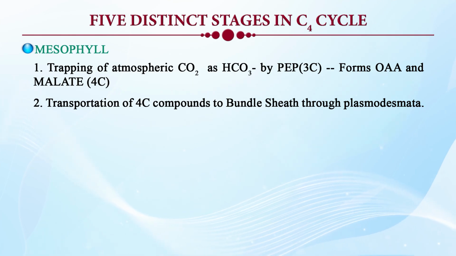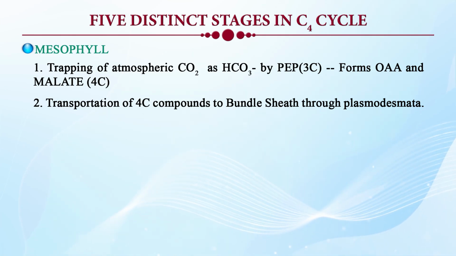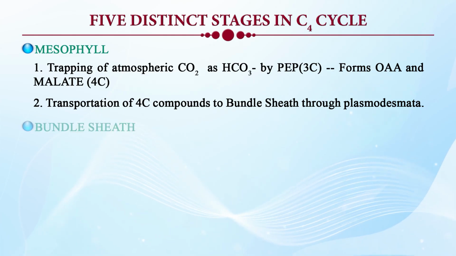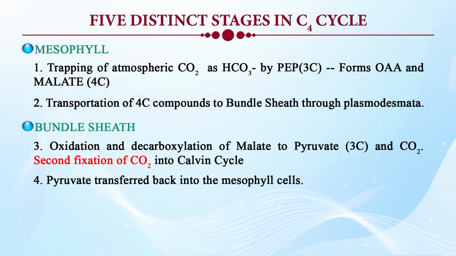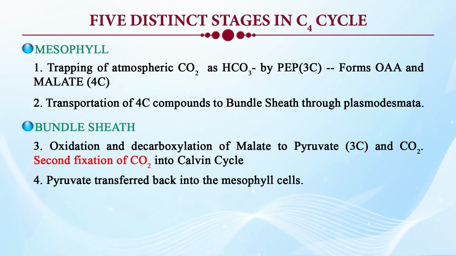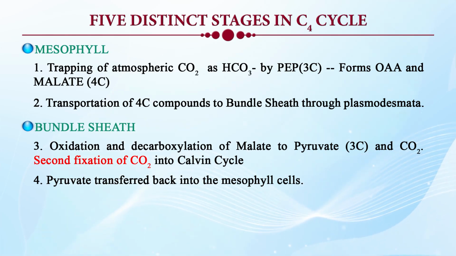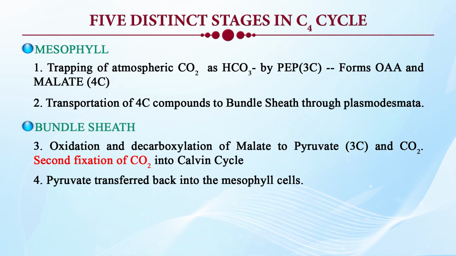Now, these 4 carbon compounds have to be transported through the plasmodesmata to cells of the bundle sheath. Once they come into the bundle sheath, then there is again a decarboxylation of this 4 carbon compound, that is malate, into pyruvate, and carbon dioxide is released. So, that means CO2 was fixed once in cells of the mesophyll, and now is the time for second fixation of CO2 into the C3 cycle or Calvin cycle.